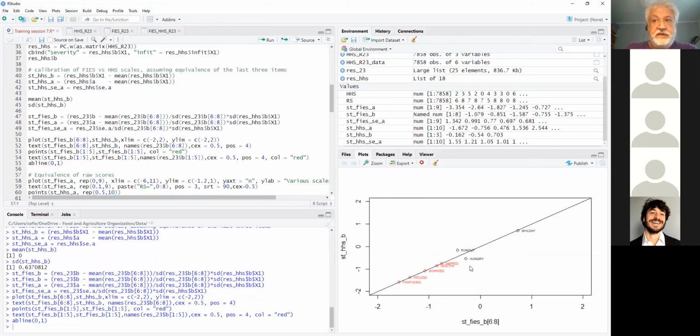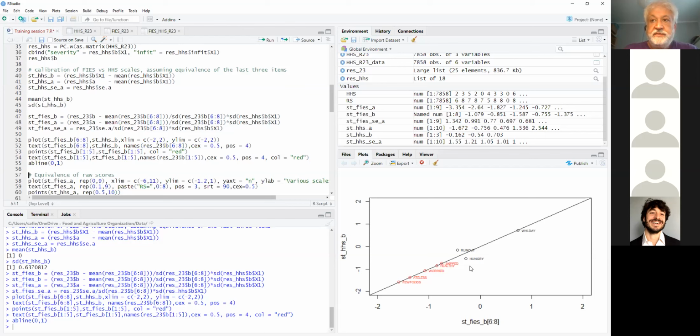As you can see, this is far from being perfect, because run out and hungry have a reversed severity order in the two scales. But the distance is not very large compared to the relative distance from the other items.